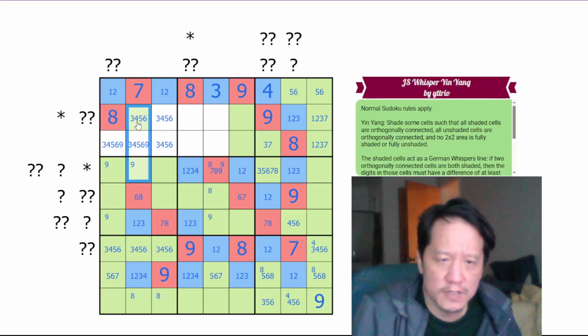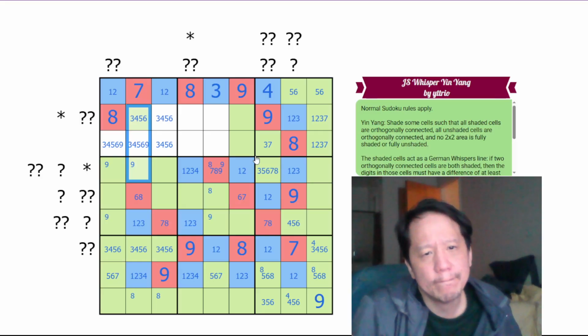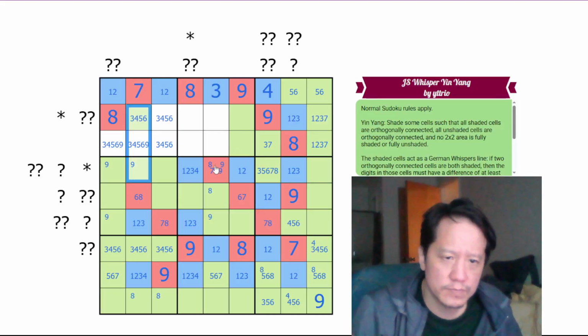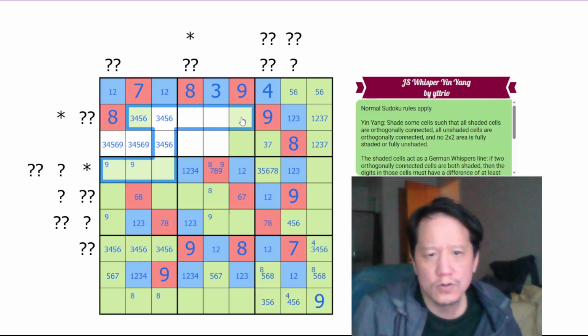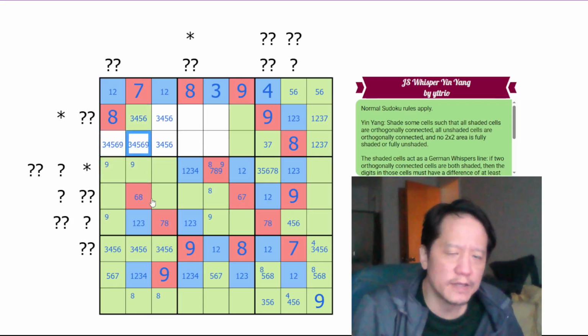It could be connected there. Huh. Would that actually work? You have to orthogonally connect to here and then here. Right? You could have 3 and 9 there. That could work.